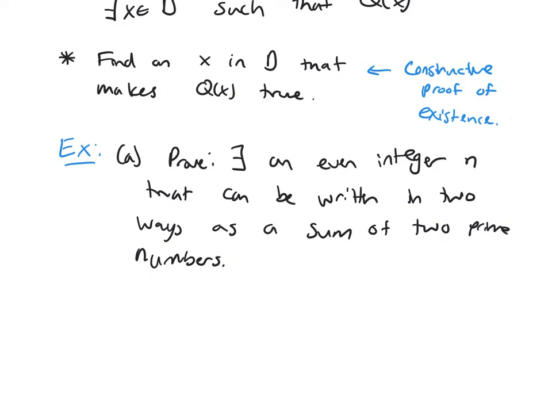So then for our next one, you're going to keep trying to find this value of n. And the first value of n is 10. So how can we write 10 as a sum of primes? We can write it as 5 plus 5, and you can also write it as 3 plus 7.